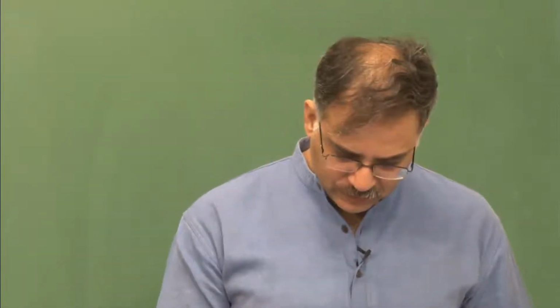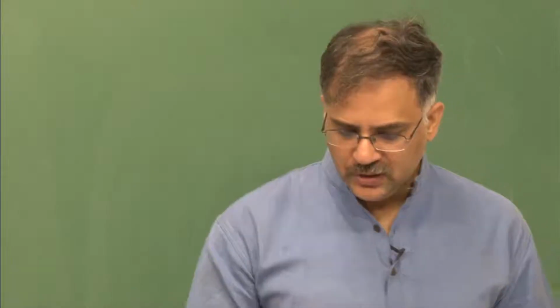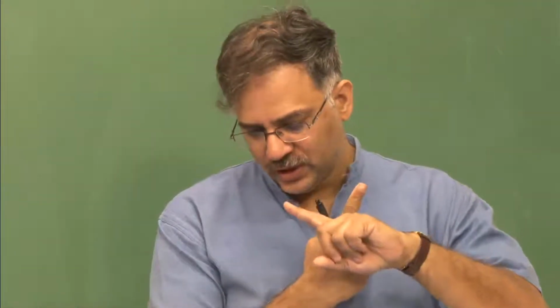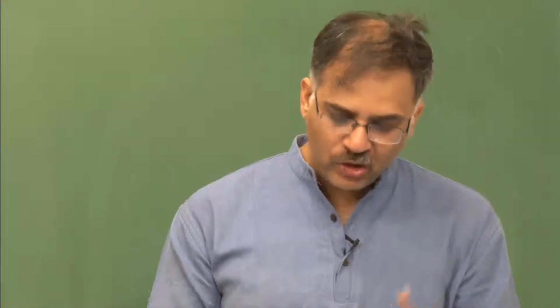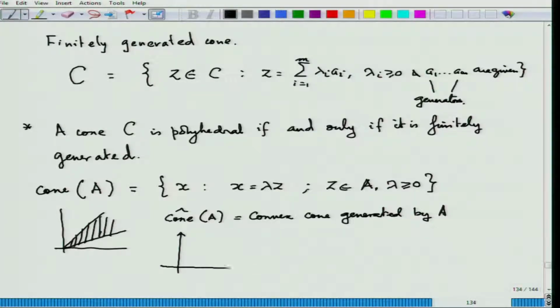Of course, you can also define the convex cone generated by A. So, for example, if you take these two lines only and call the union of these two lines as A, then this two-fork is the cone generated by A, but the convex cone generated by A is the convex hull of the cone generated by A. Now, if you take a full dimensional convex set like this, then you are always bound to get a convex cone.